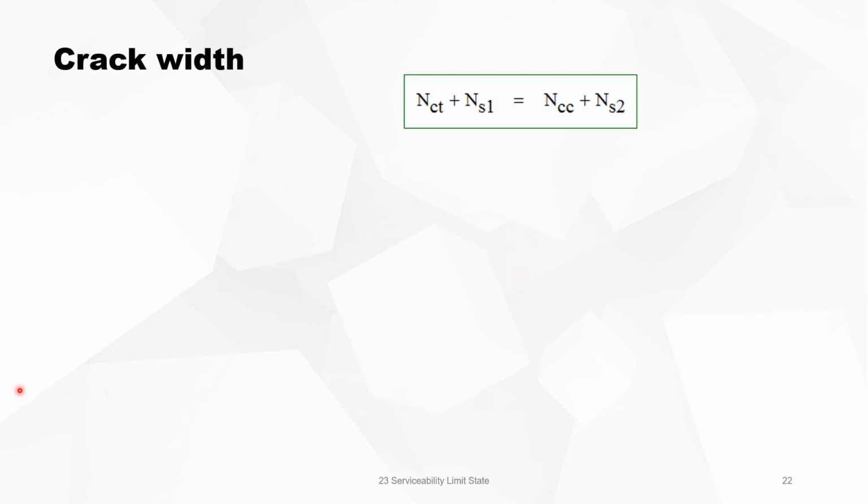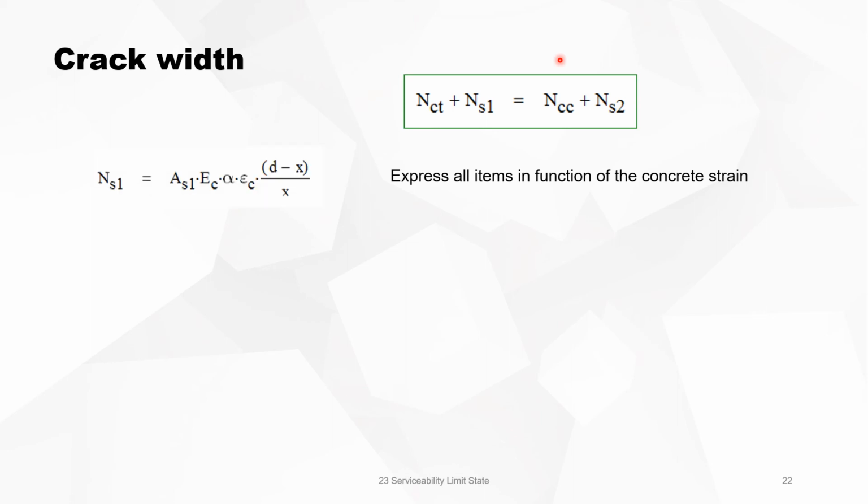Now, if we take a transversal equilibrium, then we see that the total tensile force must be equal to the total compressive force. And we will express all items in function of the concrete strain. So N_s1 is equal to this, N_s2 is equal to that.